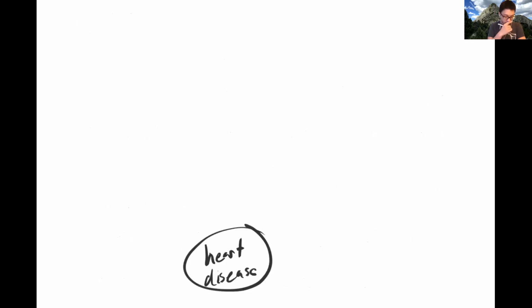Okay, so let's think about heart disease. Suppose this is the outcome of interest. I will draw out a graphical causal model, a sort of network diagram. One of the things that can lead to heart disease is inflammatory immune response.